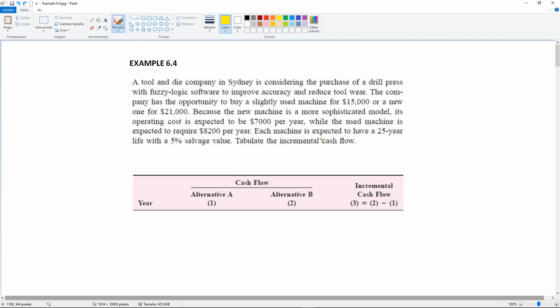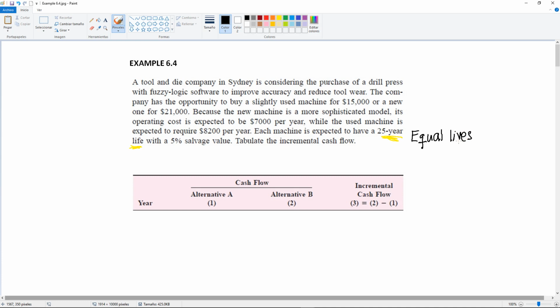So the first thing that we need to note here is that both of the machines have a 25-year life, meaning that we have equal lives. So we do not need to worry about the LCM.